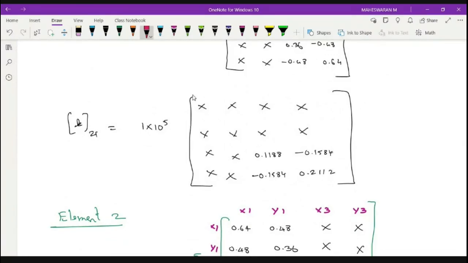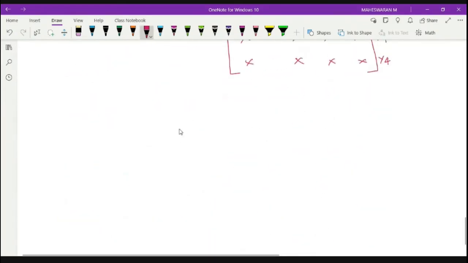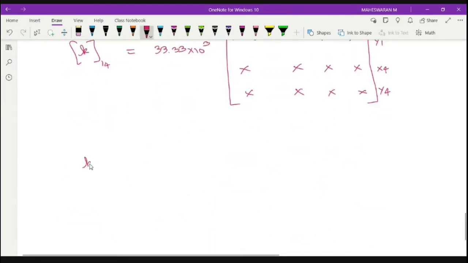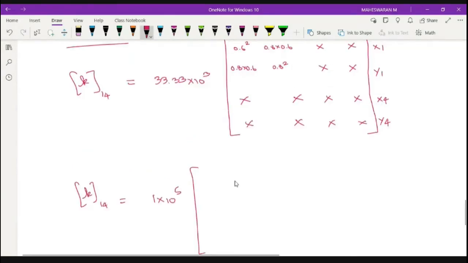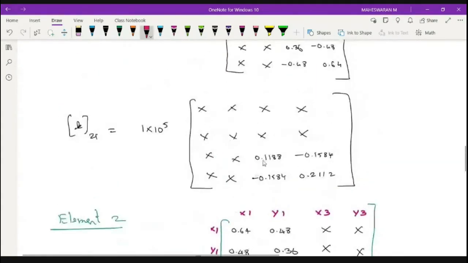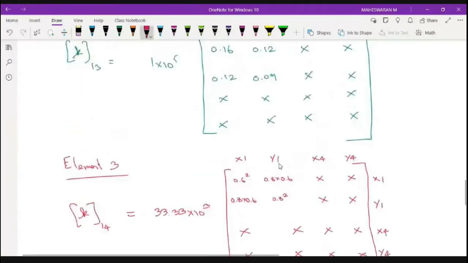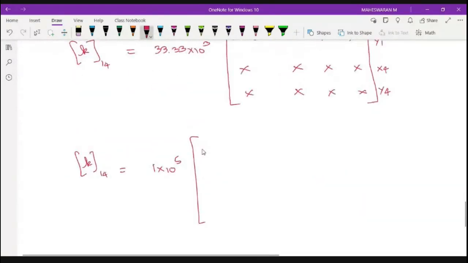But in this matrix, in this location, I will write that. K14 will be equal to 1 into 10 power 5 as a common term. So the remaining, what you are getting, is 0.1188.